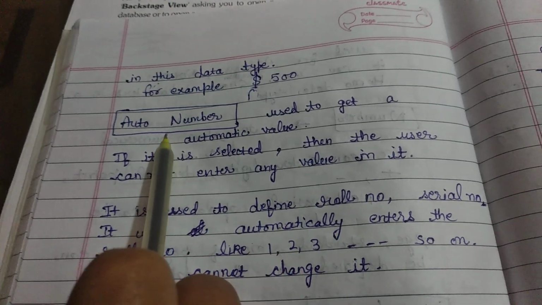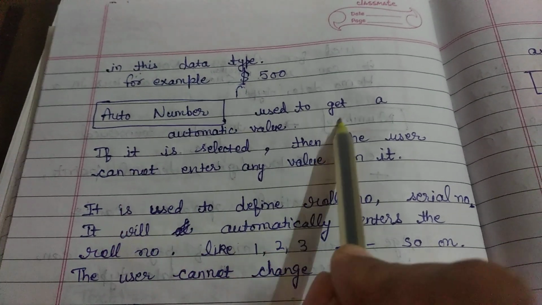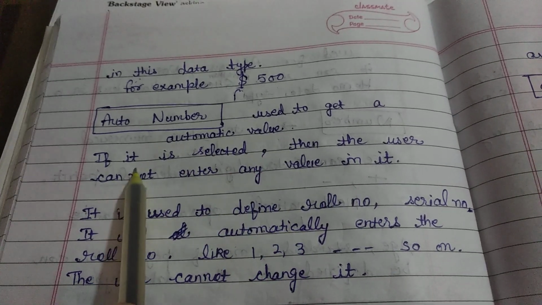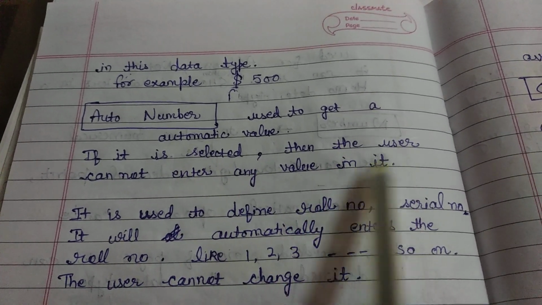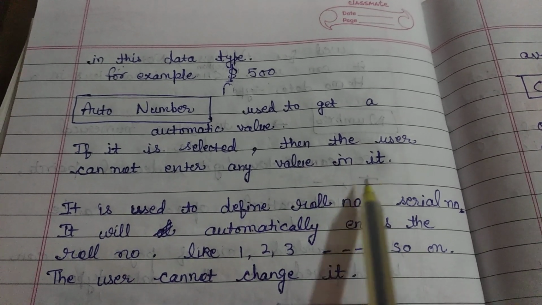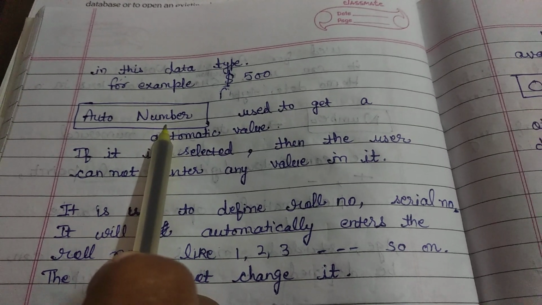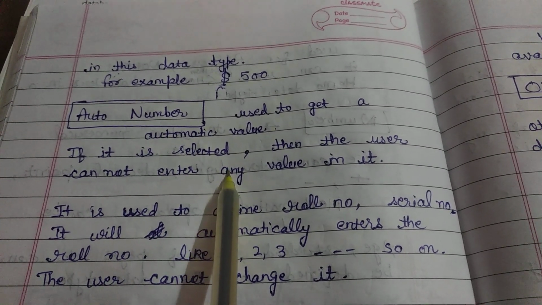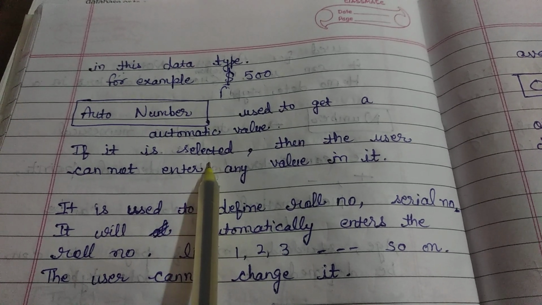Next data type is auto number. It is used to get automatic value. If it is selected, then the user cannot enter any value in it. Suppose you have selected this auto number data type, then MS Access will not allow you to enter any value.